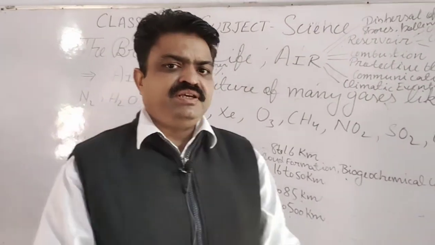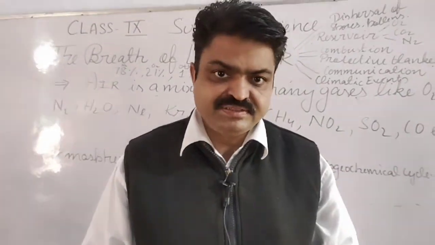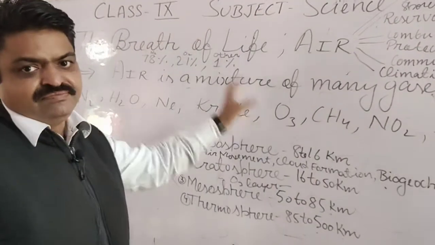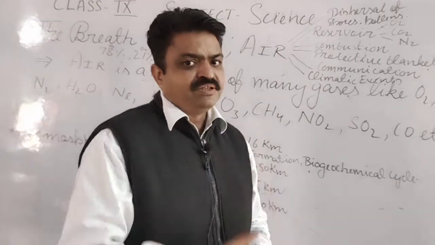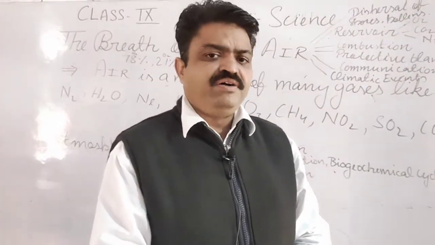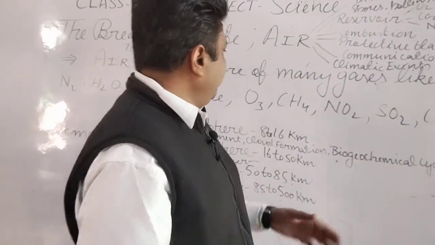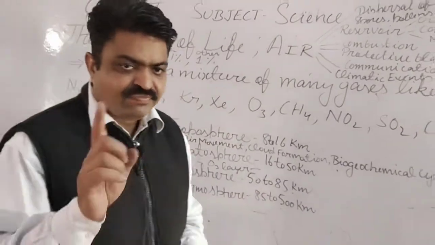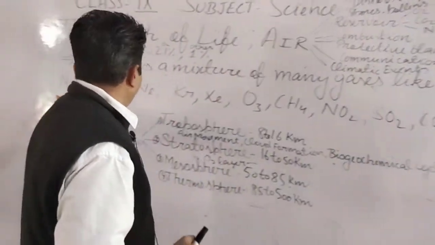Now what is air? Air is a reservoir of different gases, in which 78% is found in the form of nitrogen, 21% in the form of oxygen and 1% in the form of other gases. And student, the main gases found in the atmosphere or the air are oxygen, nitrogen and other gases.